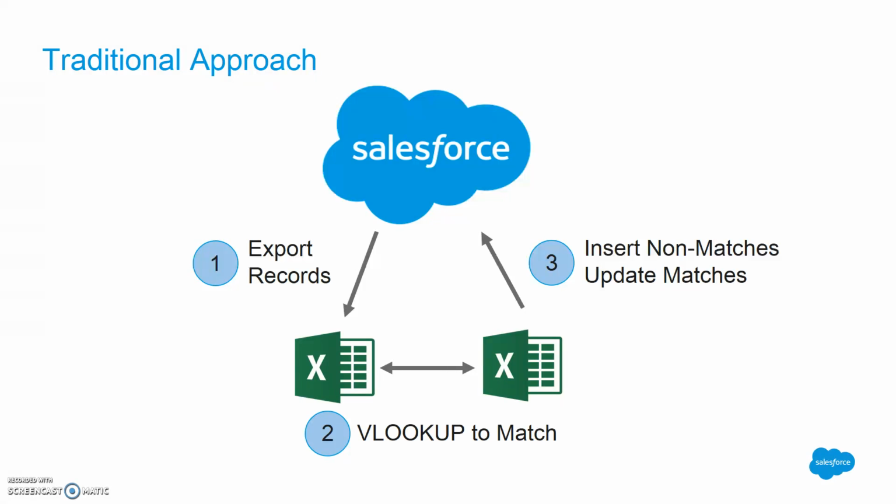I exported the accounts from Salesforce, and then with both spreadsheets, I did a VLOOKUP cross-reference on some common values between them. For example, maybe matching on an account number field, or maybe by name and address. For the rows that matched, I then knew what their Salesforce ID was, so I could update those records. For the rows that did not match, I assumed those were new, and then I inserted them.